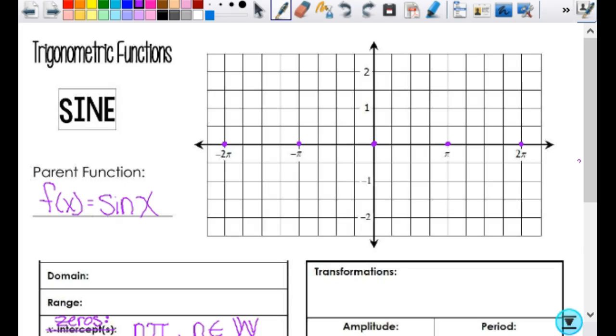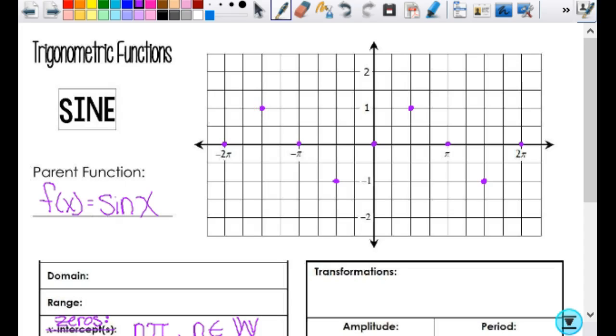Okay, sine of pi halves is 1. What's the sine of 3 pi halves? Negative 1. So what's the sine of negative pi halves? Negative 1, because negative pi halves is the same as 3 pi halves. And then negative 3 pi halves would be 1, because it's the same as pi halves.